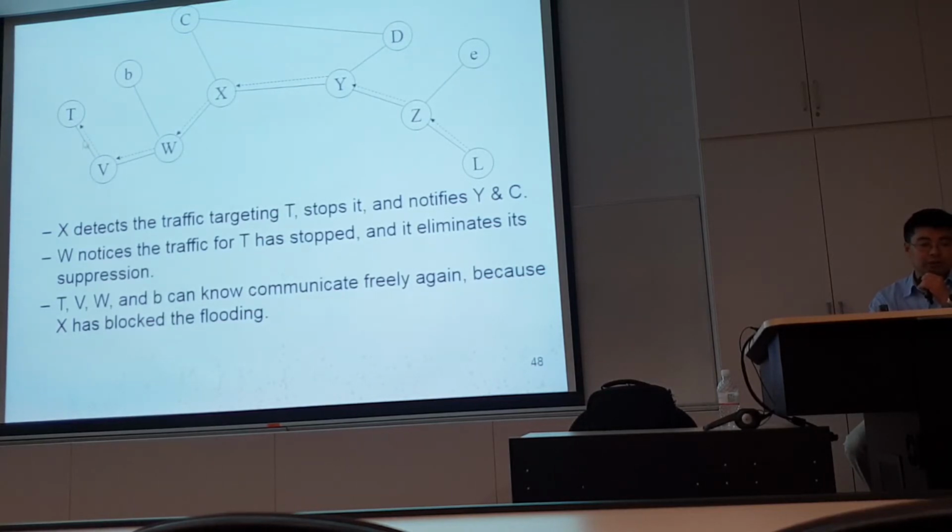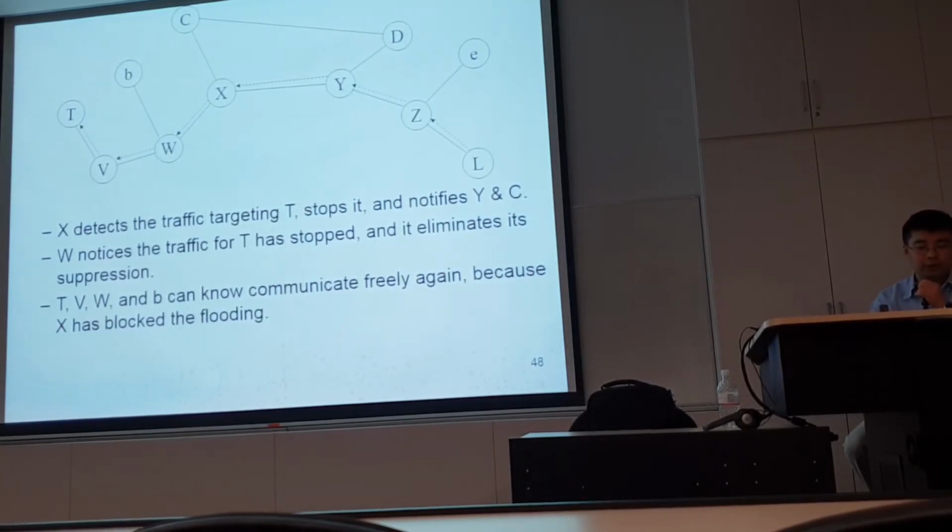Similarly, this process can go on. W can inform X, and X can block the traffic again. The remaining network can recover and start the communication. This process will continue until we reach the last hop. We do this kind of isolation, stopping the intrusion or attack hop by hop.